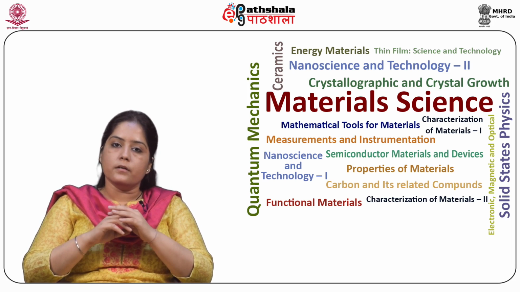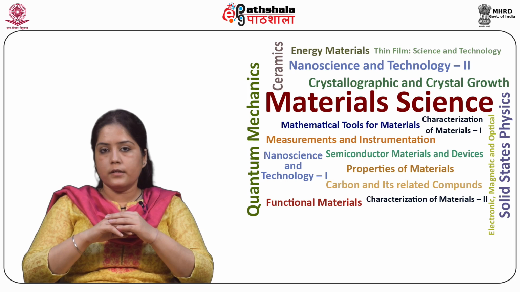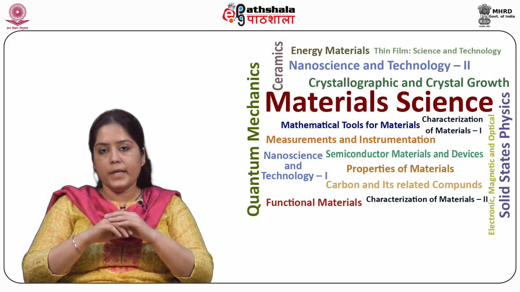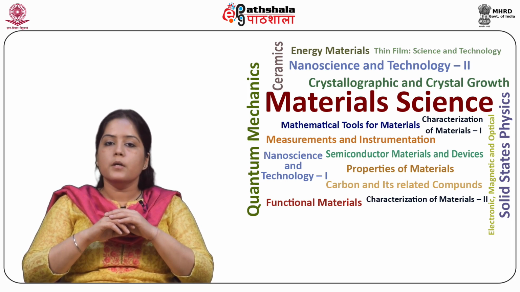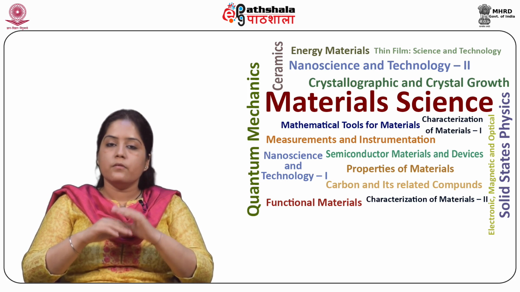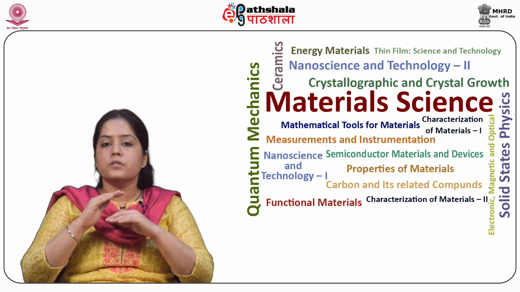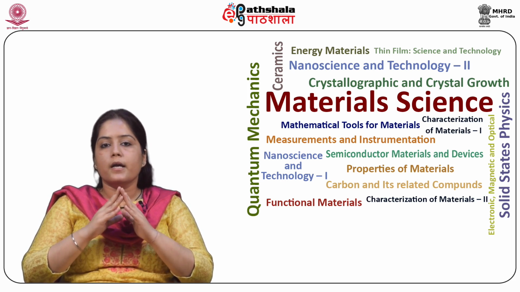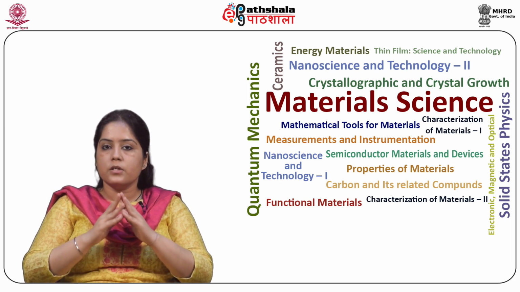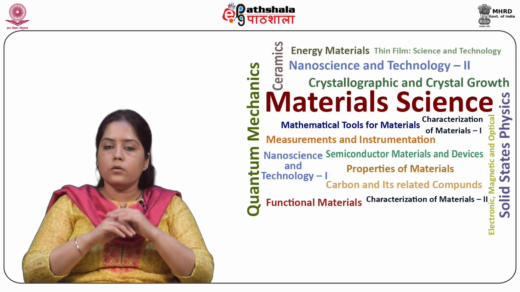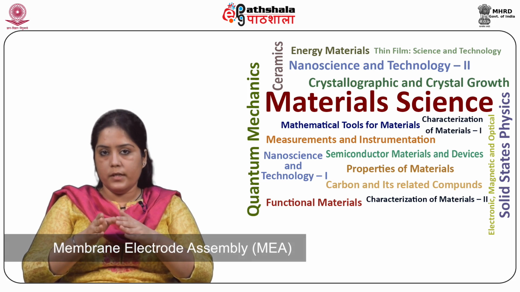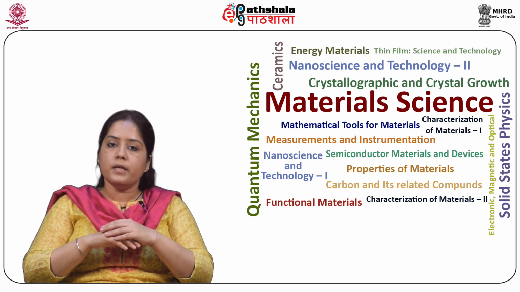The hardware of a flow battery consists of flow field plates or bipolar plates which are sandwiching the two electrodes separated by an ion exchange membrane, also called the membrane electrode assembly or MEA.